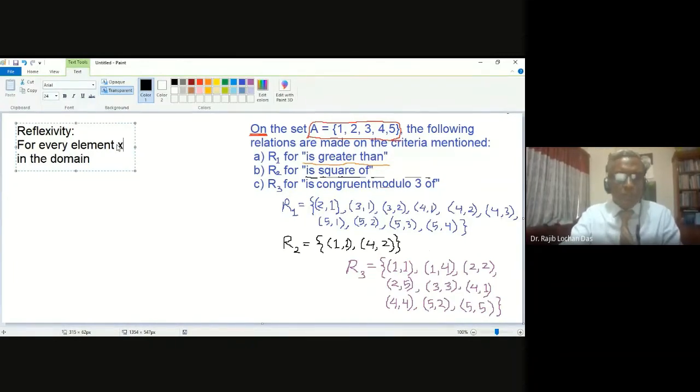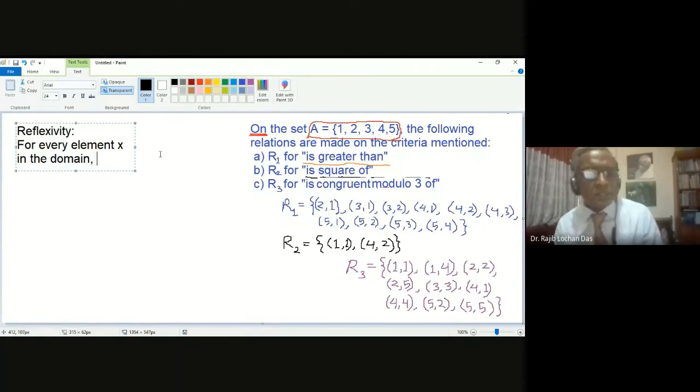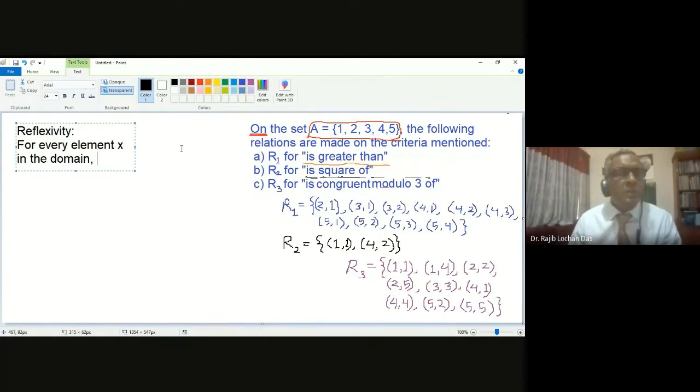X in the domain means the first set. The first set and second set are both A in this case, but commonly we say domain. So for every element X in the domain, there will be X comma X in the relation R.